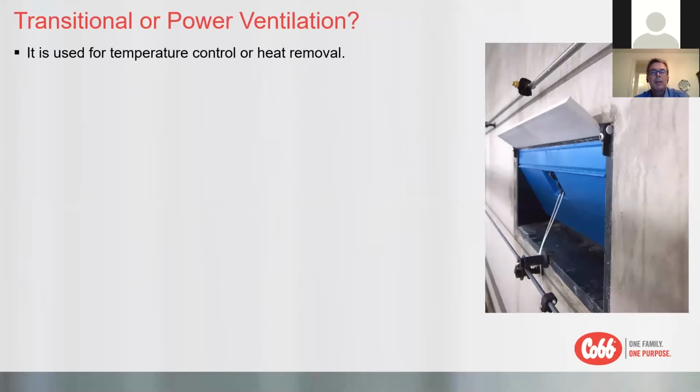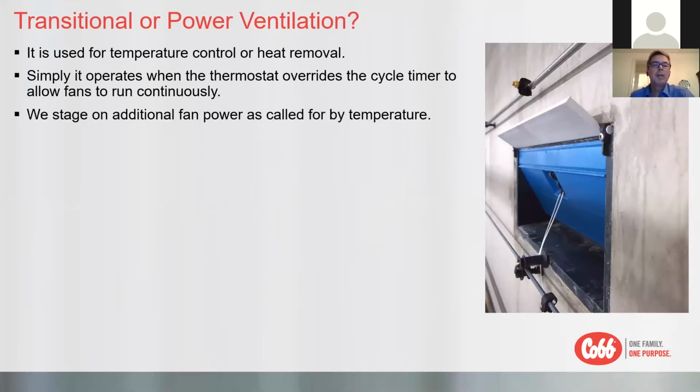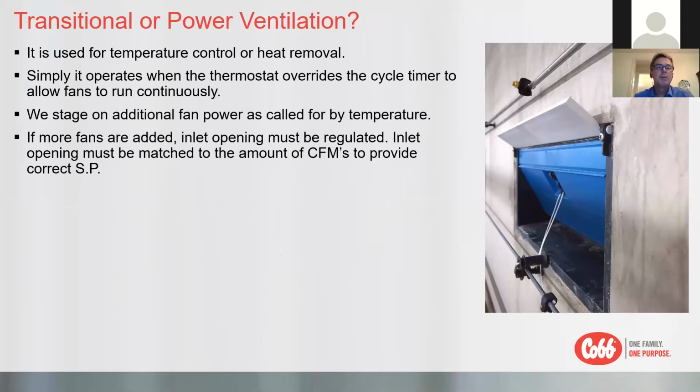When we talk about heat removal, we always think about tunnel ventilation, but we forget about the transitional power ventilation mode. Brendan would have spoken to you about cross ventilation systems. But as we move away from the timer ventilation stages, we start to remove heat from the house. We are essentially removing heat from the birds, the heat of production.